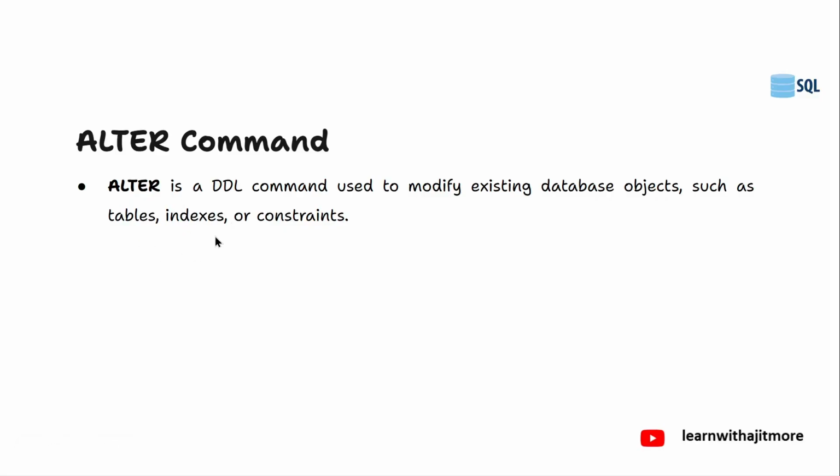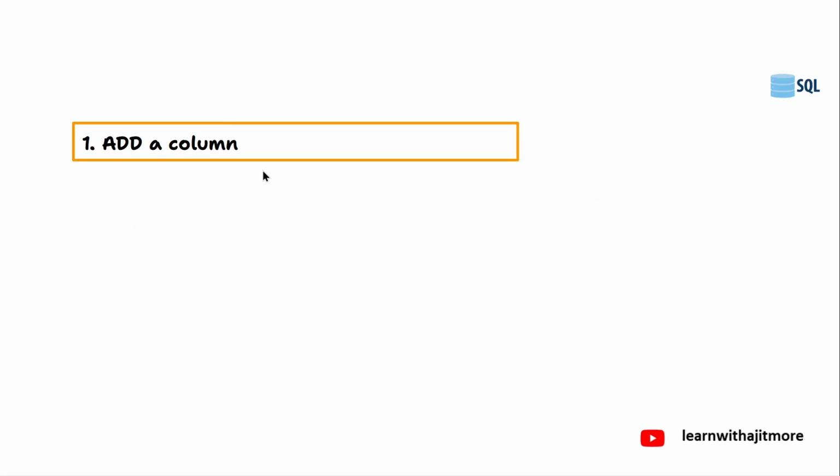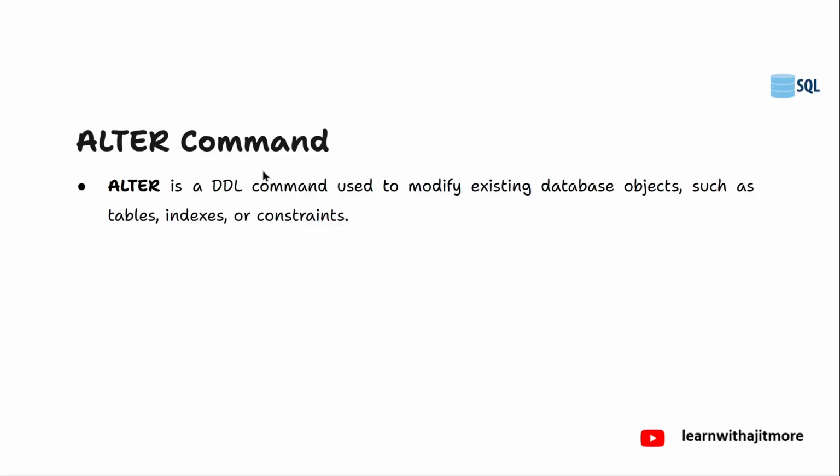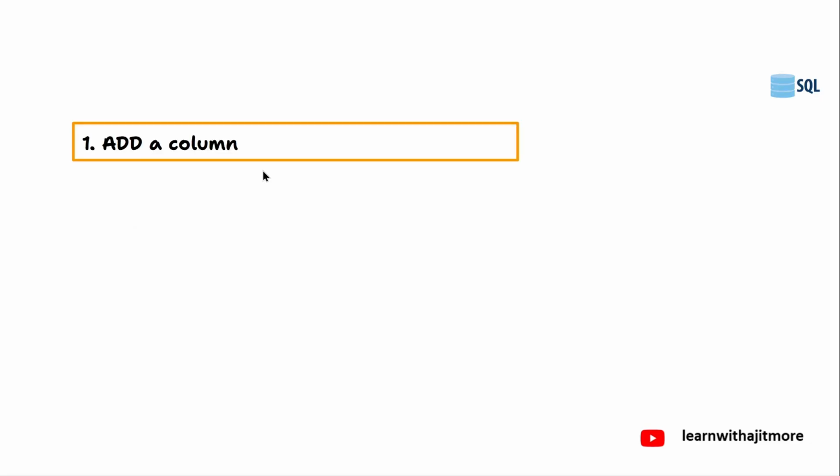Indexes are basically for fast searching. There is a topic at the end where we will be learning about indexes. Now one by one we'll see what all facilities are there with alter. There can be many more. I am just listing the commonly needed ones.